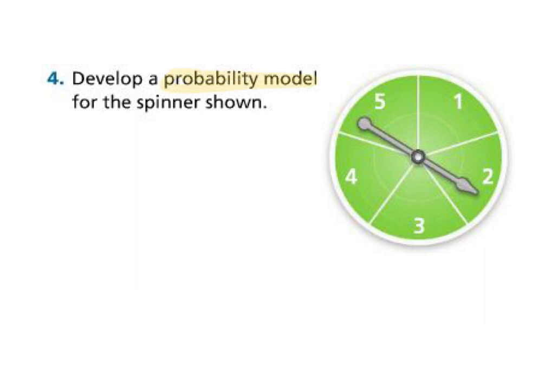A probability model consists of two things. The first thing I told you was that sample space, right? Okay, now the sample space is just exactly what you see. What do you see on the spinner?